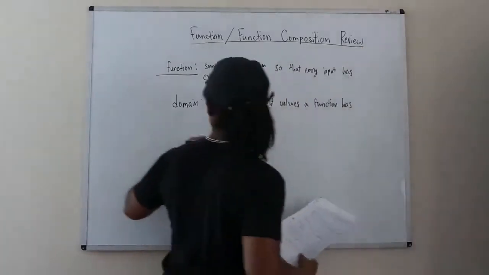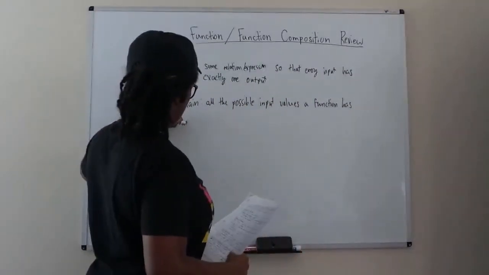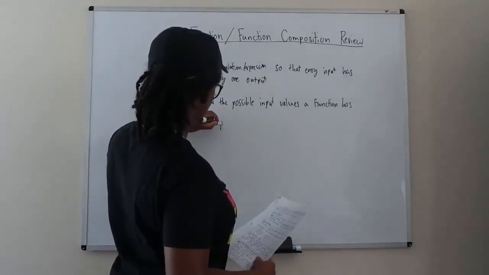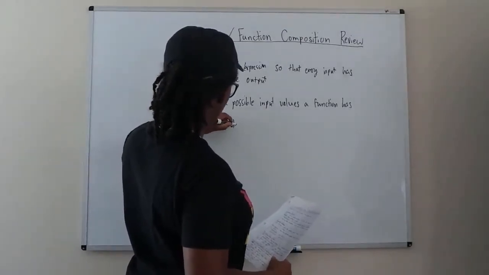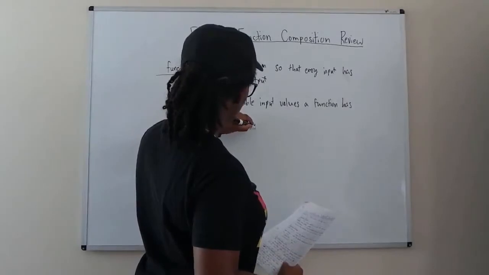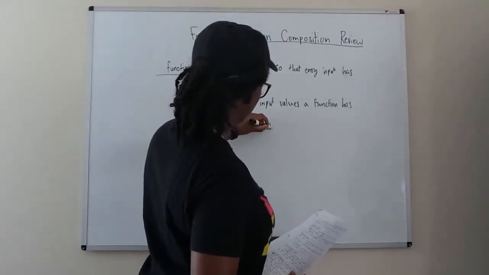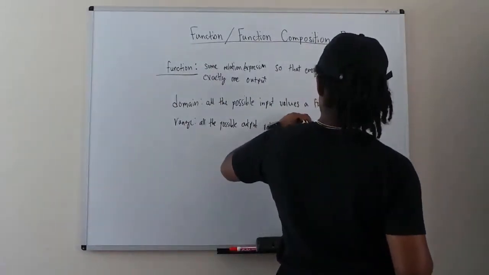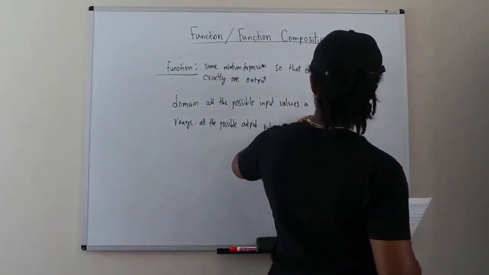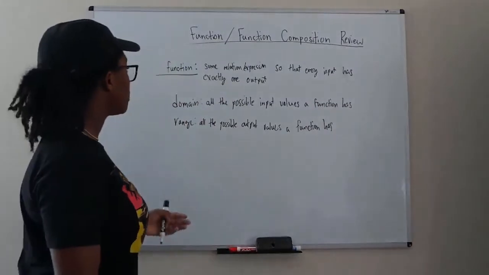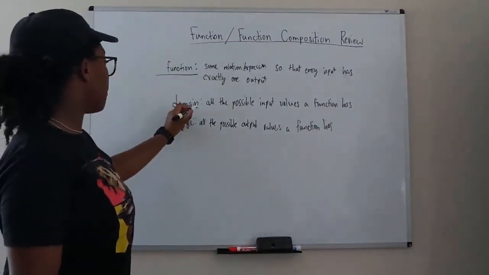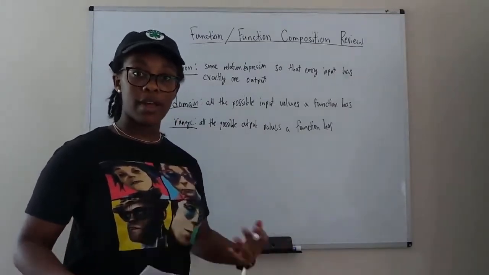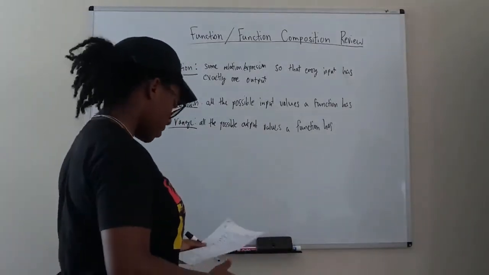And then similarly, range is all the possible output values a function has. And so I just wanted to write them on the board so you can have a really clear definition for what functions are, domain and range, and just other things that we're going to talk about.